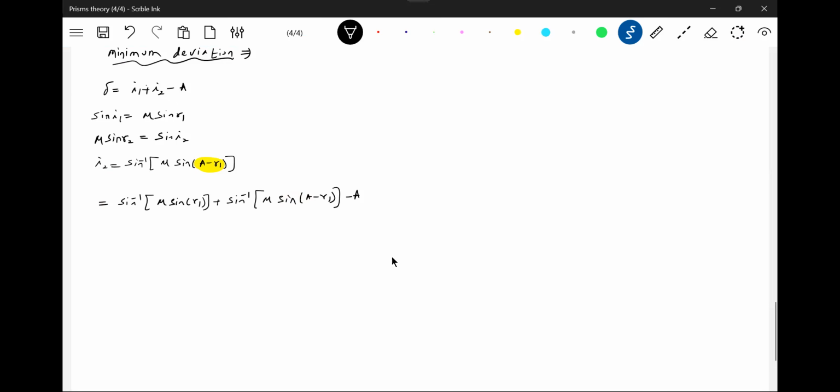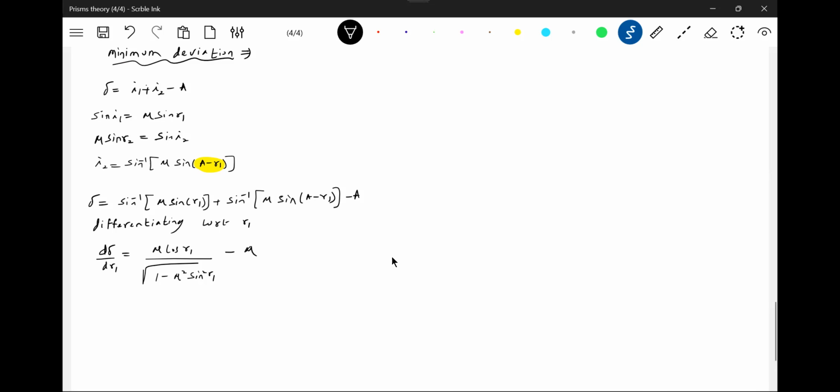Differentiating deviation with respect to R1, d delta by dR1 is equal to the derivative of sine inverse, this will be x.